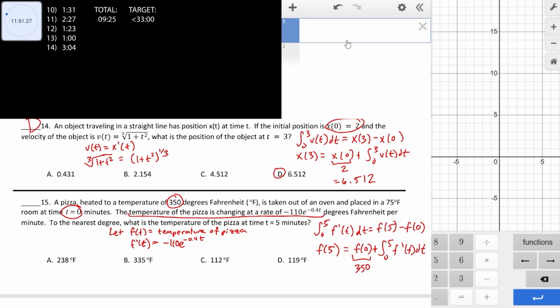So 350 plus the integral from 0 to 5 of that change in temperature function, which I'll just type explicitly here, negative 110 e to the power of negative 0.4t. And then, of course, we need a dt in there. And so we get our answer here, which is approximately 112.217. It says round to the nearest degree here. So our answer is for sure C.